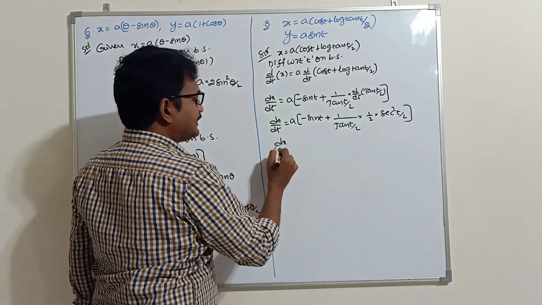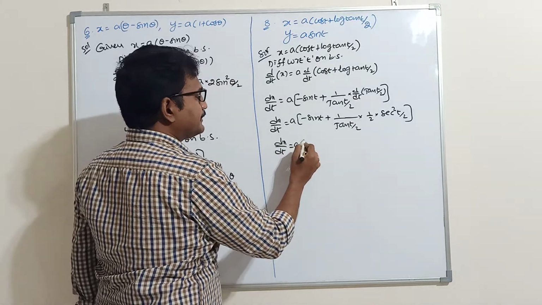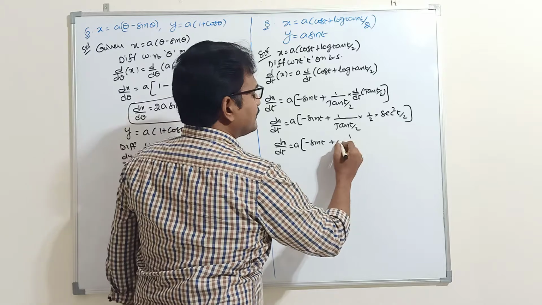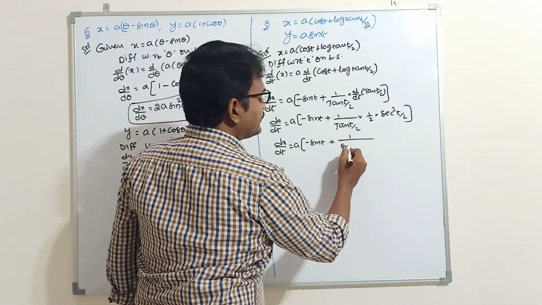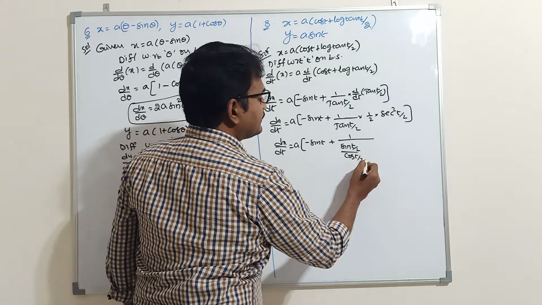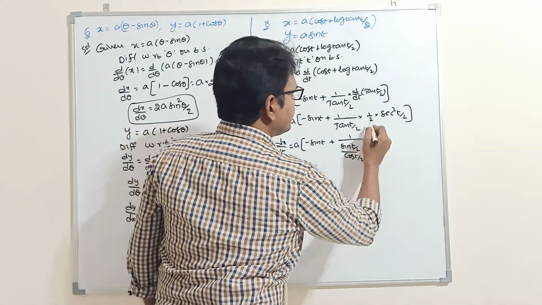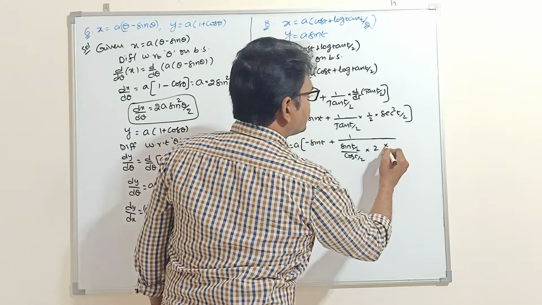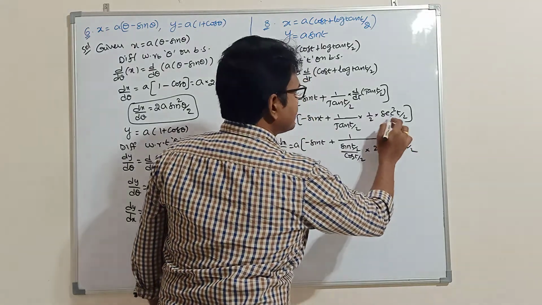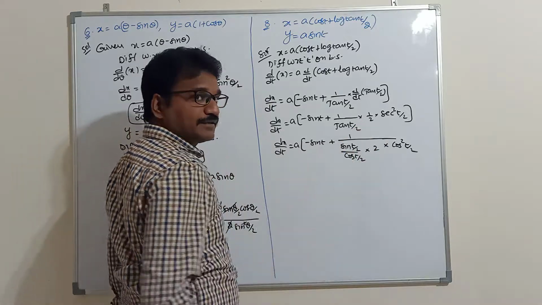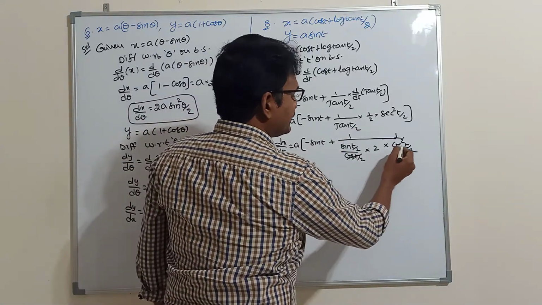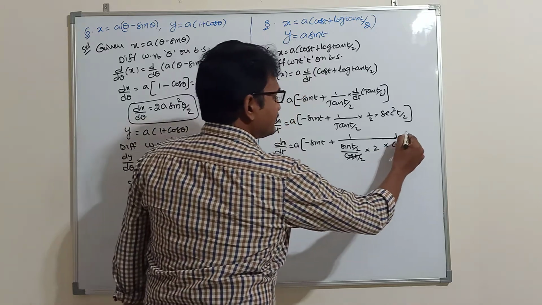So dx by dt is equal to a into minus sin t plus 1 by tan t by 2, which means sin t by 2 by cos t by 2, into 1 by 2 into secant square t by 2, which means 1 by cos square t by 2. Here cos t by 2 gets cancelled.